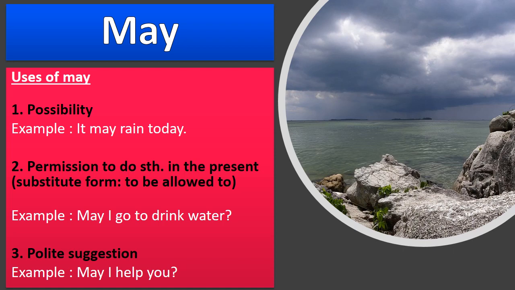Number 2, permission to do something in the present. It is a substitute form of to be allowed to. For example, may I go to drink water? So very often you use this sentence in your school. Number 3, polite suggestion. For example, may I help you?